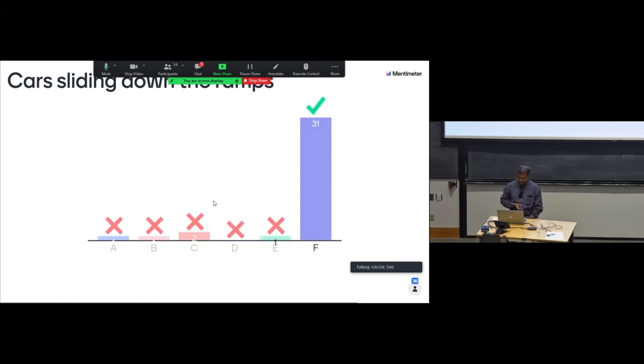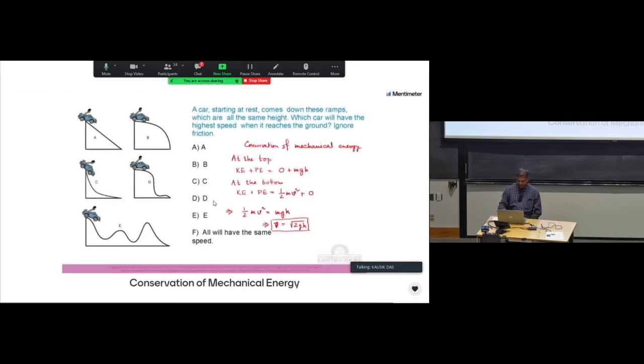Now we are getting there. Very good. So 31. And what's going on here? Everybody now understands that this is conservation of mechanical energy. The total energy at the top is mgh, only the potential energy is there. Total energy at the bottom, because there is no frictional loss, is just half mv square. Conservation of energy tells us that v equals the square root of 2gh. h is the same, and so the speed will be the same for all the cars.